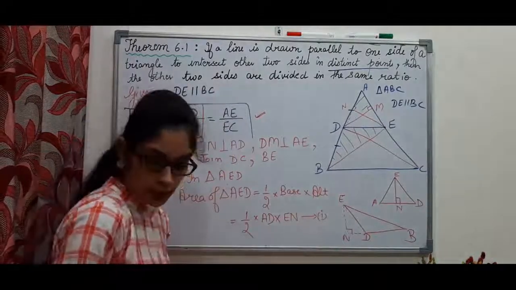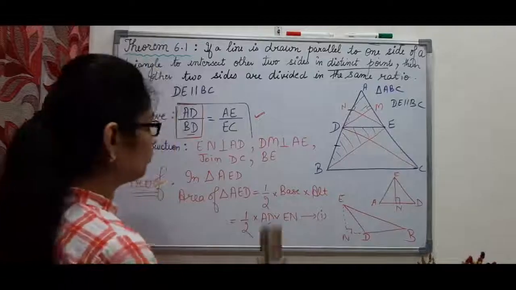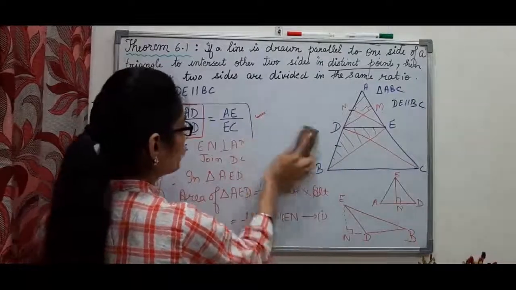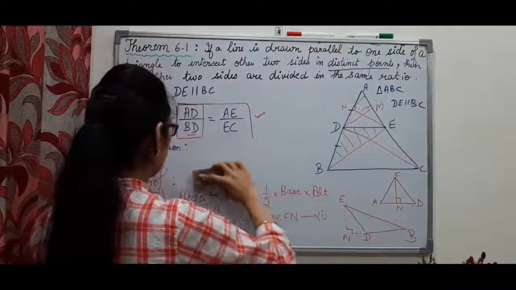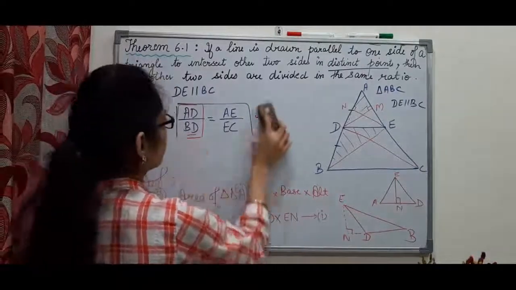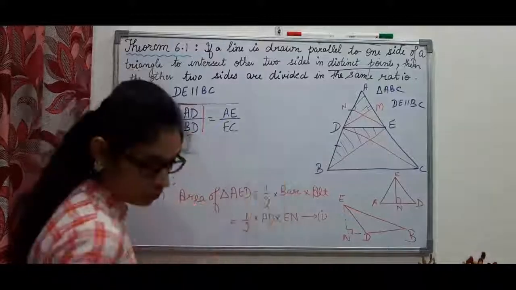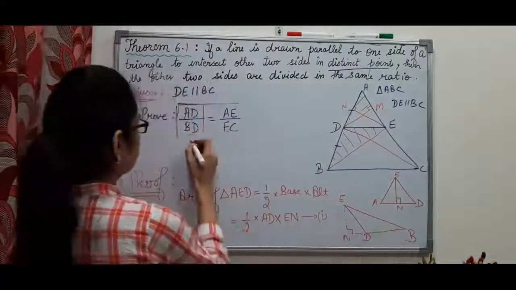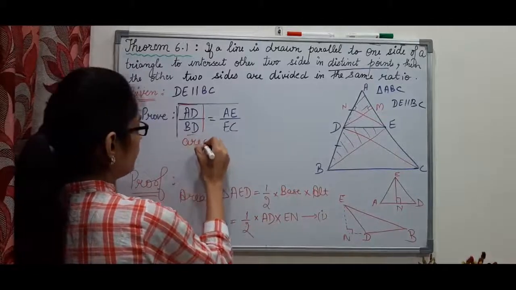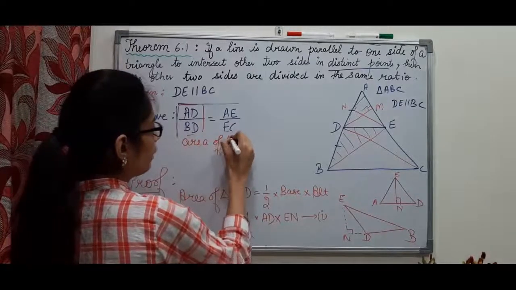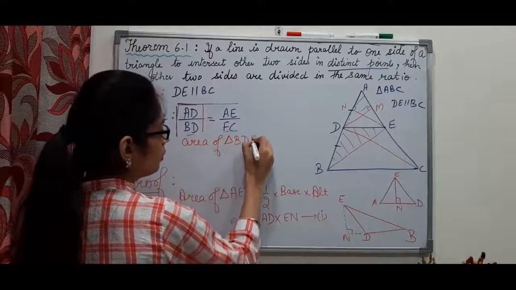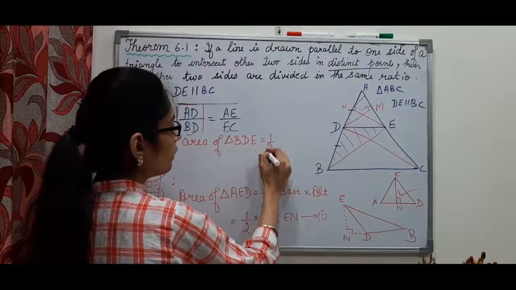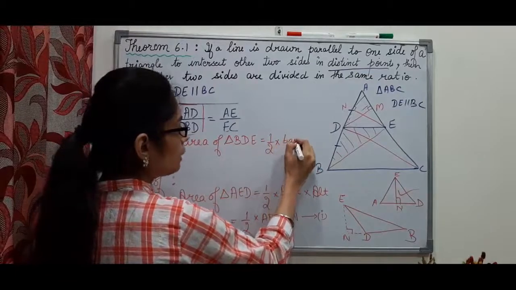Now for both the triangles I will write this. First of all I have done for this. Now here I will do, I'm sure you have noted down this thing. So here I will write now area of triangle BDE. I have already used this, now I will use this. So again the formula of area is half into base into altitude.